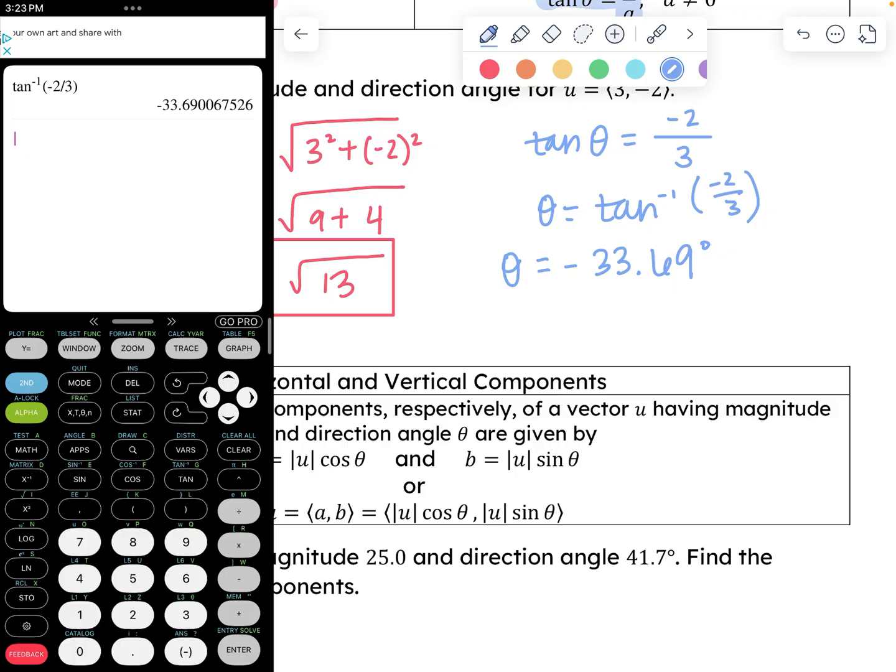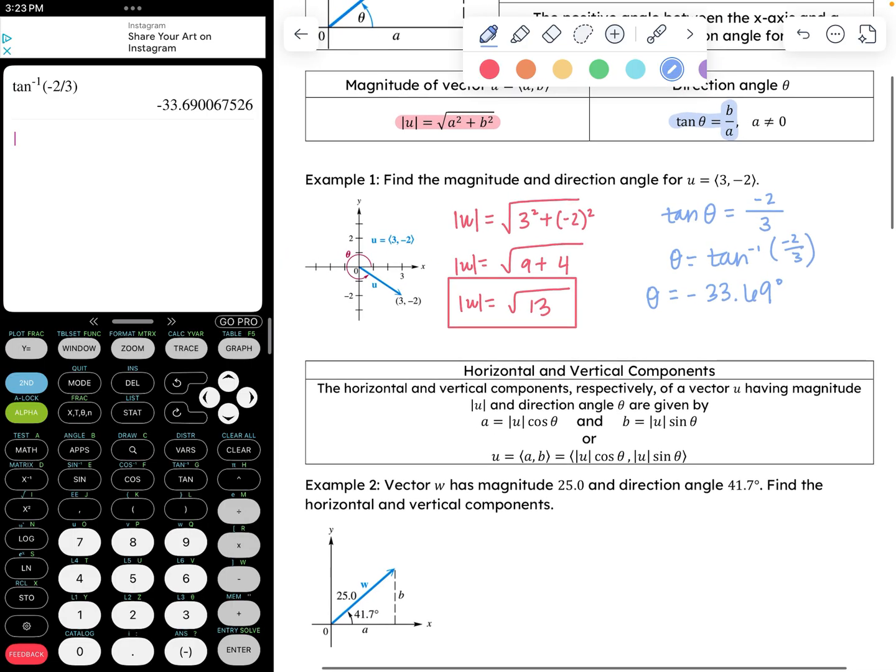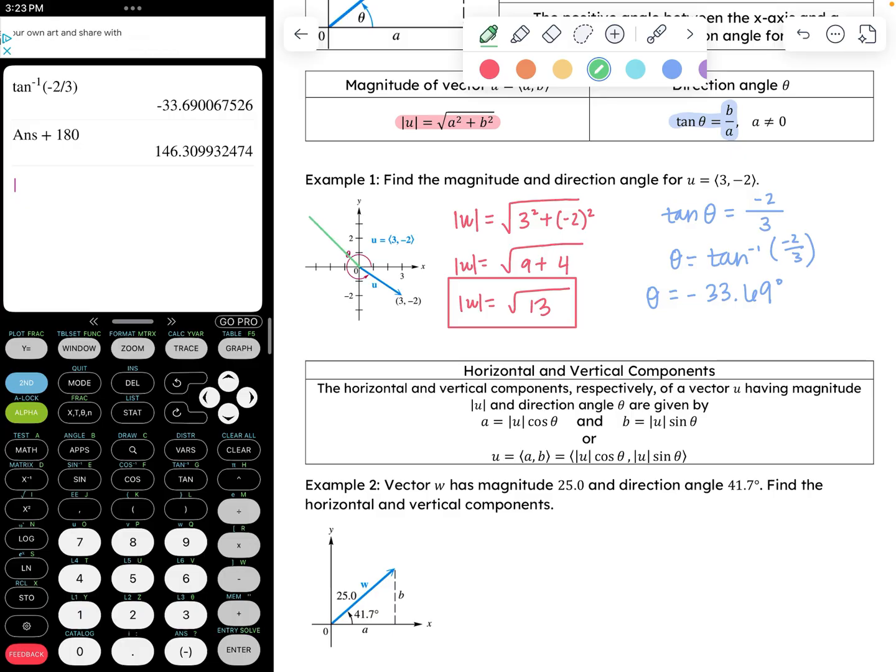Now, normally our answers are between 0 and 360. So if I'm looking at this, it's not between 0 and 360. For tangent, our period is 180 degrees. So I'm going to add 180 degrees to it, and you'll see that gets me to 146.31. The problem is that would be somewhere over here, and that's not really where I want to be.